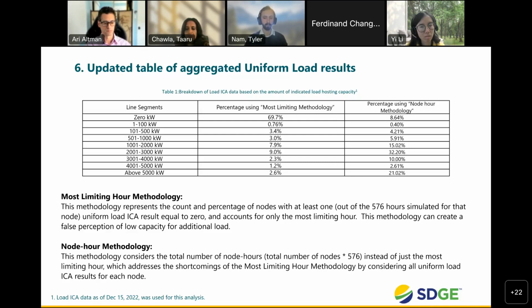But this doesn't seem to have any impact on the results for the hosting capacity of more load, unless you're actually matching these hourly load capacities against an hourly generation profile, because a flat, constant, uniform load profile is going to be matched up against whatever hour has a 0 capacity and show a null result for that hour.